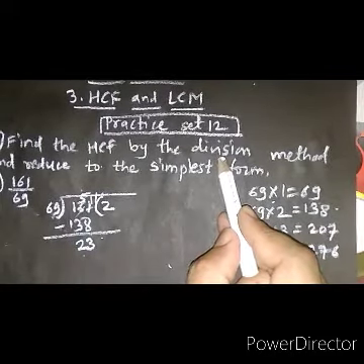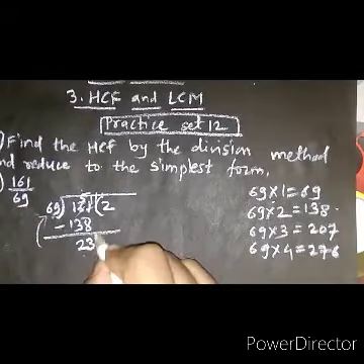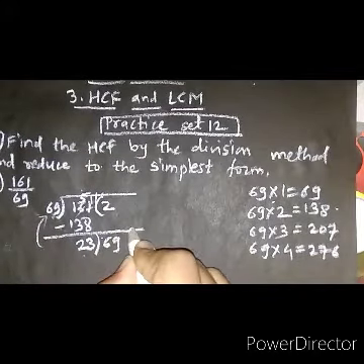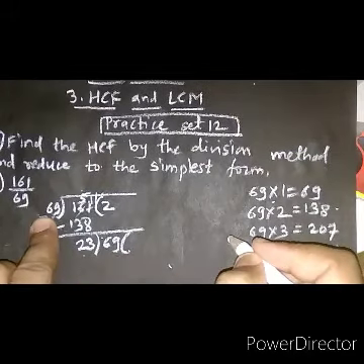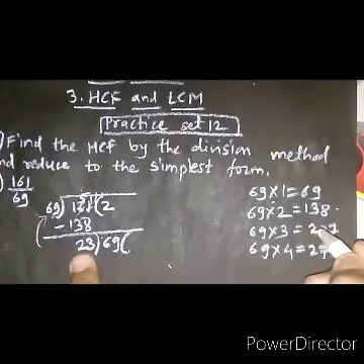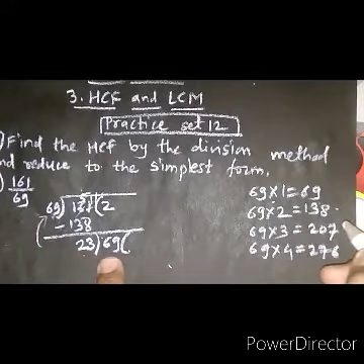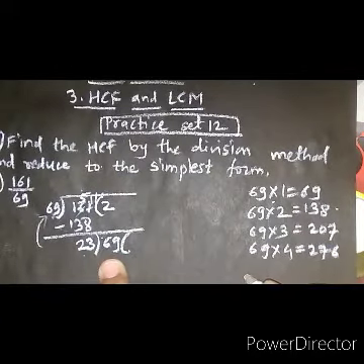Again, the rule of the division method: we have to divide the previous divisor by this remainder. So we have to divide the previous divisor, that is 69, by 23. Now see, in the 23 table, is 69 there or not?